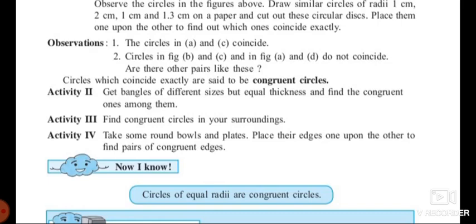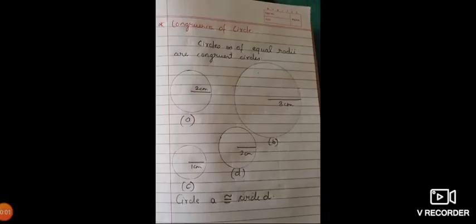I hope you have understood the whole lesson. Though we have finished the lesson, you are going to practice the constructions every day so that you will be accurate while doing the construction. After practice set 7, you are going to write these notes of congruence of circles, and here we have finished our first lesson. Okay, thank you.